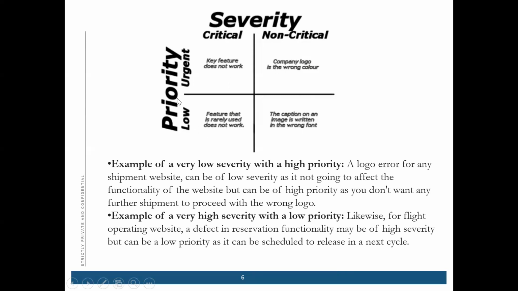Again, low priority and low severity means the caption on an image is written in the wrong font, or something like font size is not working, or something which is not in use also and it is not showing properly. So that is low severity and low priority.